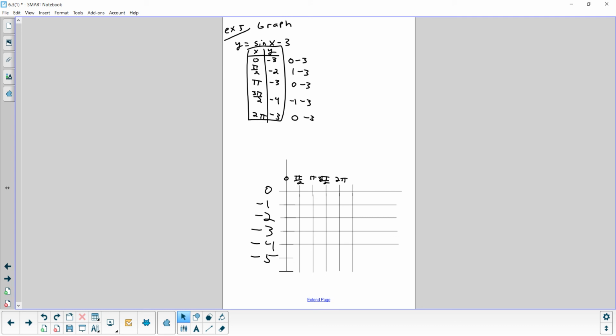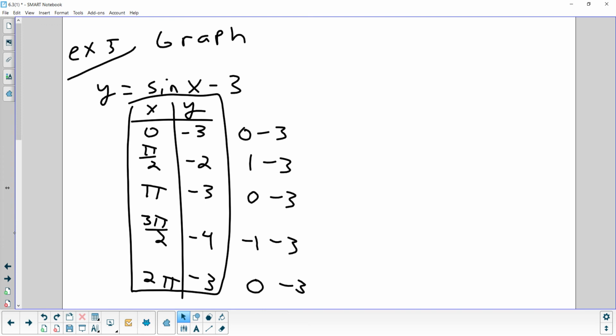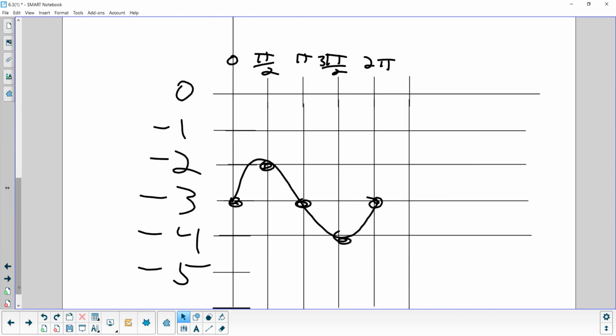I don't need to go that way, I just need to go to -4. So -3, -2, -3, -4, -3. And there's your sketch. Questions on that?